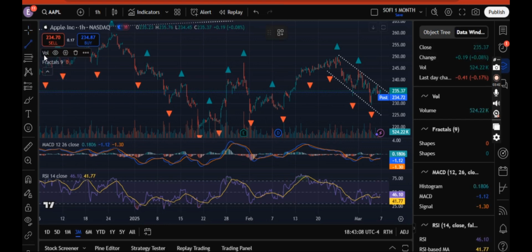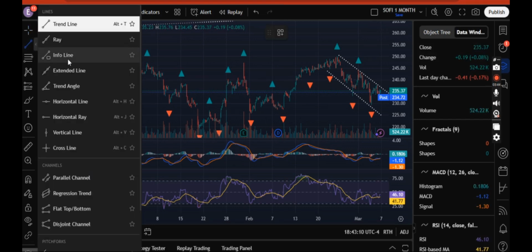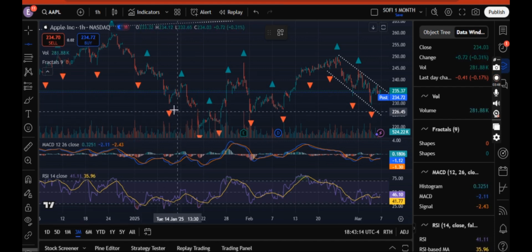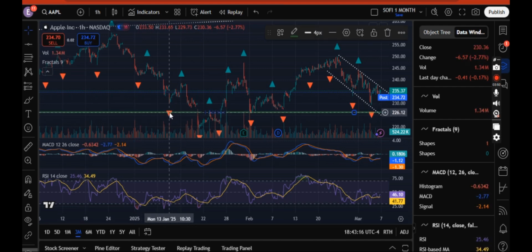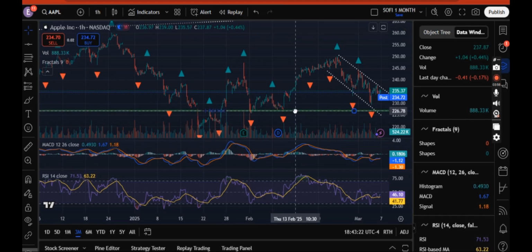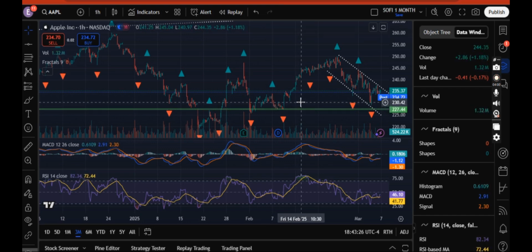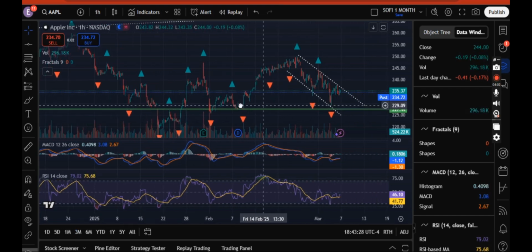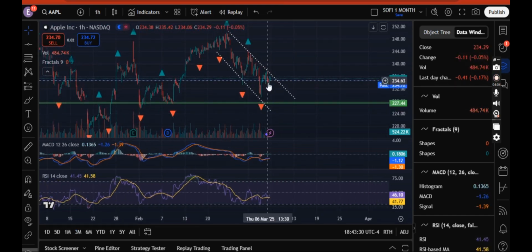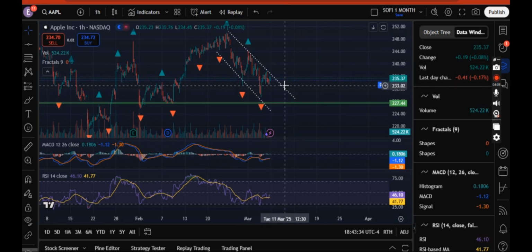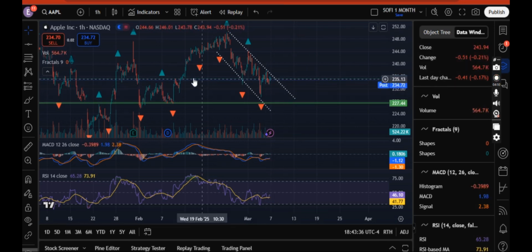So what I would do is draw a horizontal line right here, a green horizontal line, because that is a key area of support. Meaning if the stock reaches that level, there's a chance it could bounce up from there.